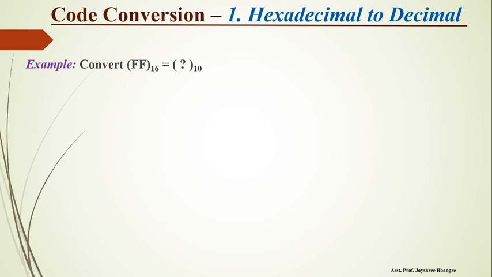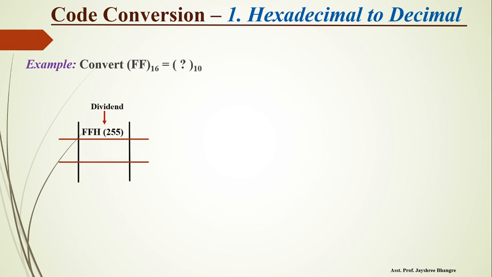So here we have to convert the given hexadecimal number, that is FFH, into equivalent decimal, and we know that for this conversion we are using the repetitive division method. So here we are using 3 columns, and in the second column we are writing the dividend, that is FFH.